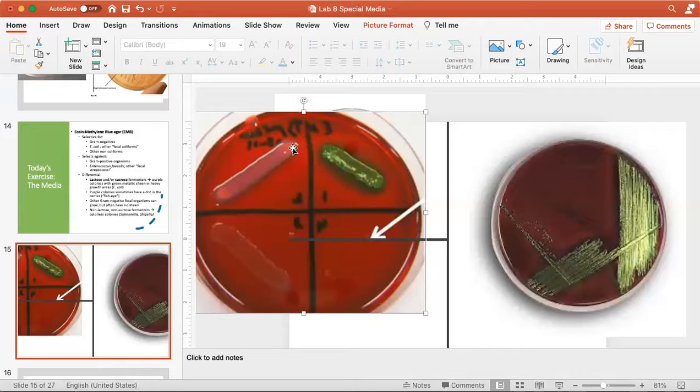They are fermenting those sugars because that's what makes them purple. The E. coli really is purple underneath that green metallic color. There's purple. You just can't see it very well. So coliform, specifically E. coli.